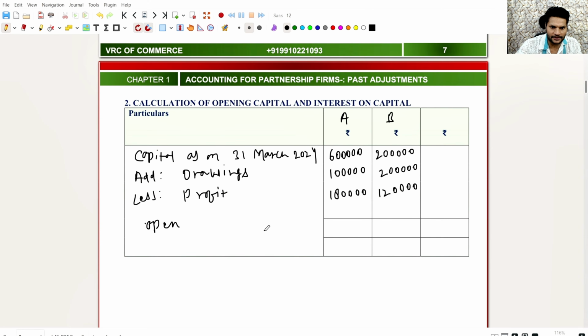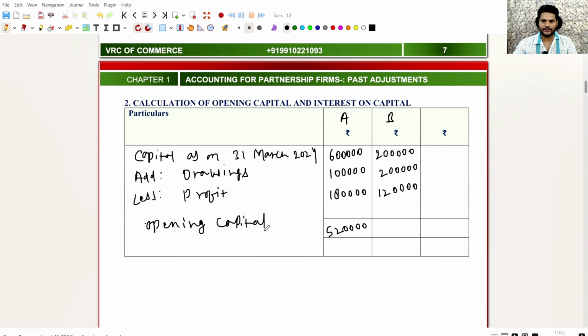So what is the value of opening capital? 6 lakh plus 1 lakh, that will be 7 lakh. 7 lakh minus 180,000, what is the value? 7 minus 1 is 6, and 6 minus 80,000 is 520,000. So the value would be 520,000.